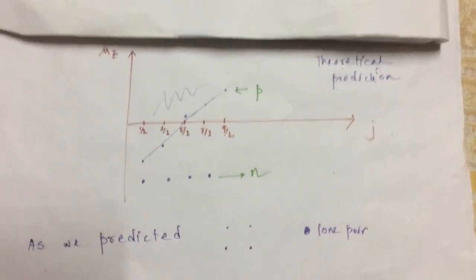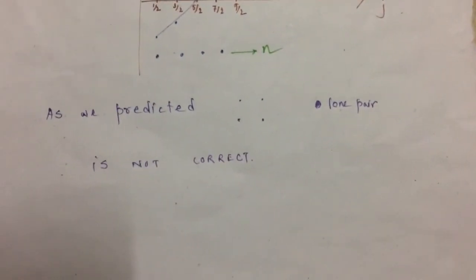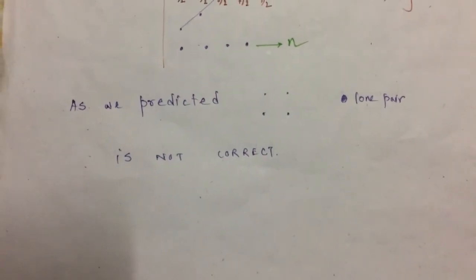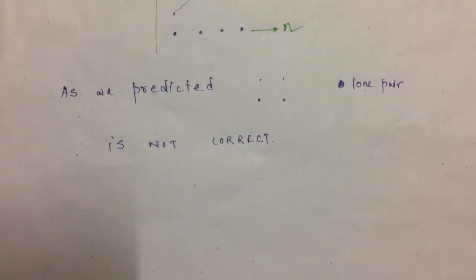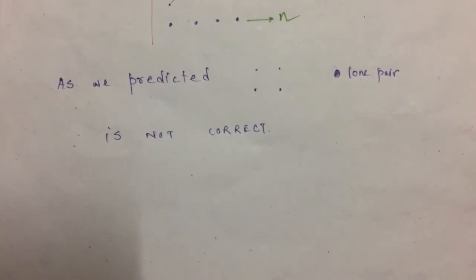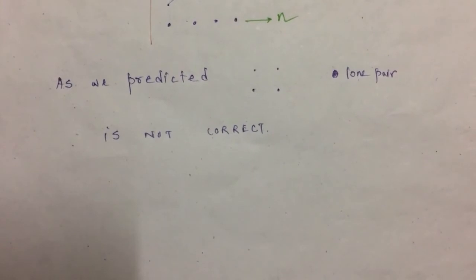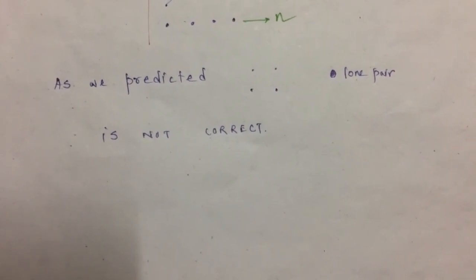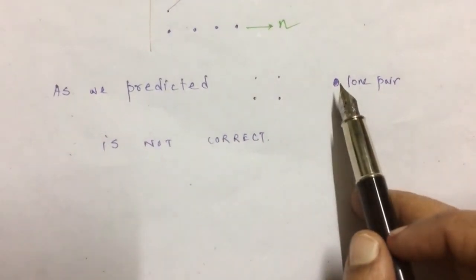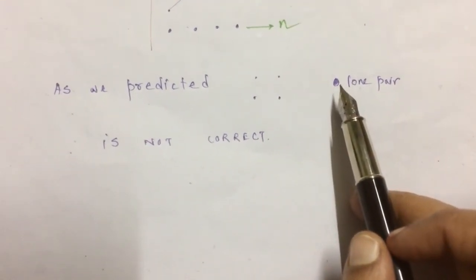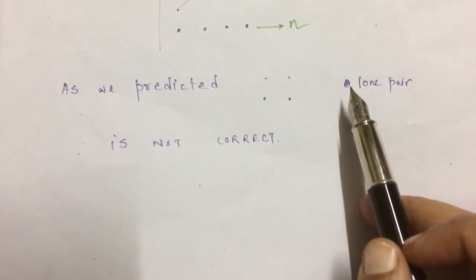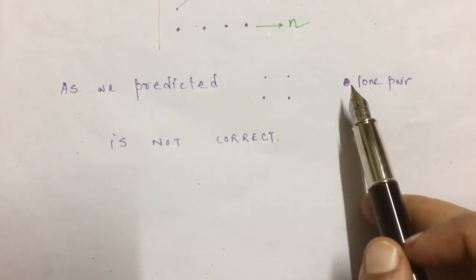So the estimation we have made in the single particle shell model is: suppose there are 7 neutrons or 7 protons, the 6 will make a pair and will not contribute to the magnetic moment. Only the 7th neutron or the 7th proton, that is the lone nucleon, will contribute to the magnetic moment of the nucleus.